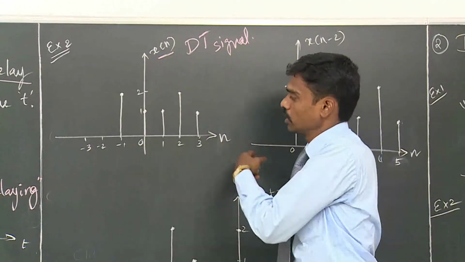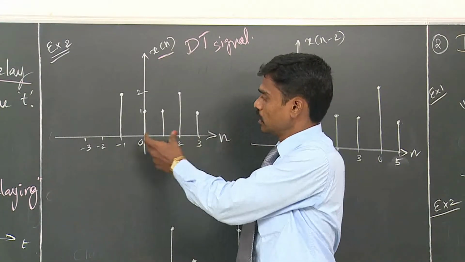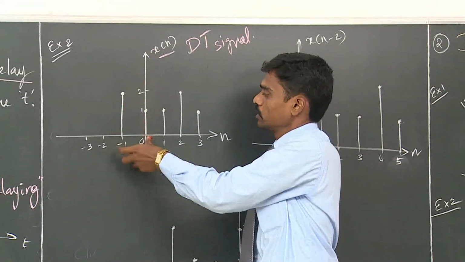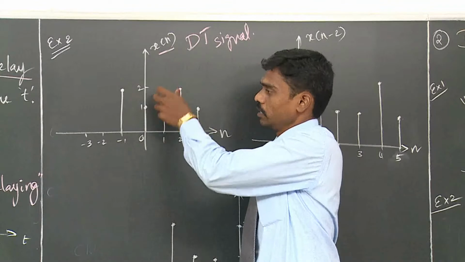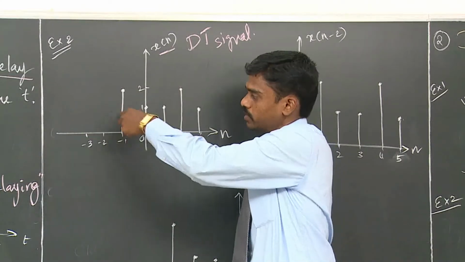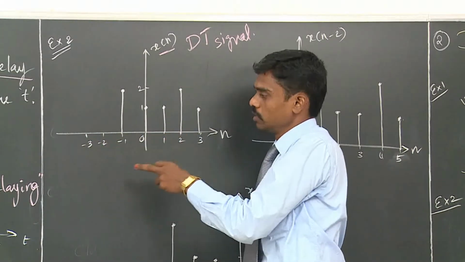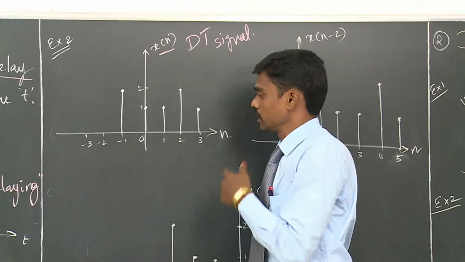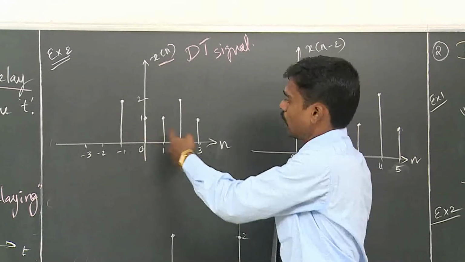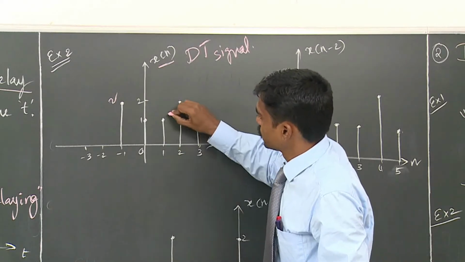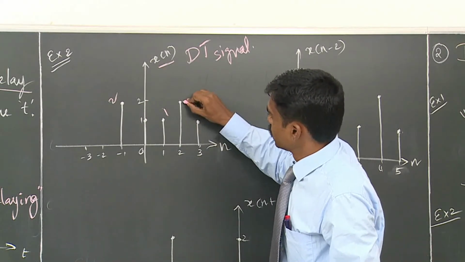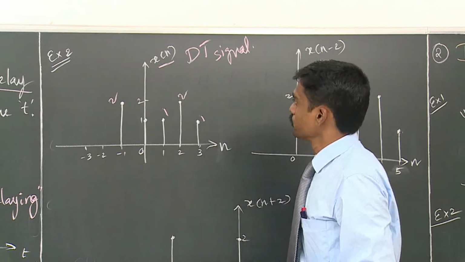In this signal, with respect to time, it is discrete, not continuous. There the signal is continuous with respect to time; here it is not continuous, it is discrete. Here the amplitudes are defined: the amplitude value is 2 here, 1 here, again 1 here, again 2 here, again 1.